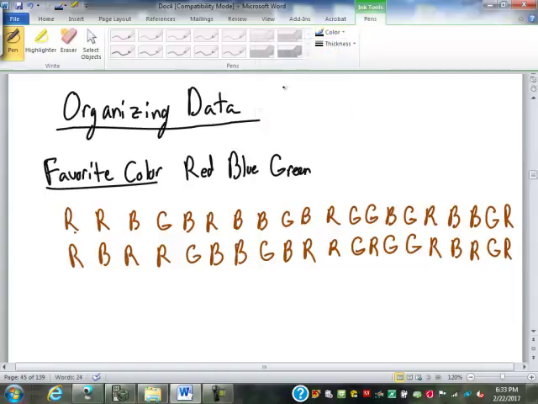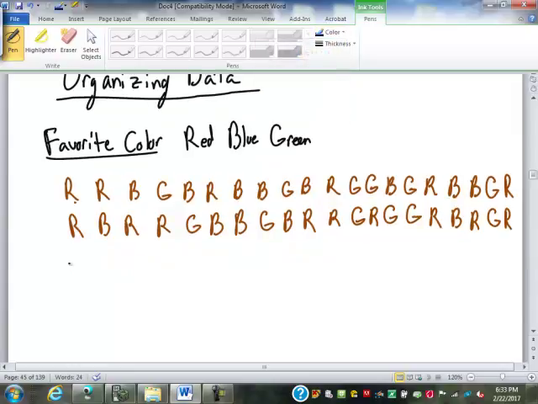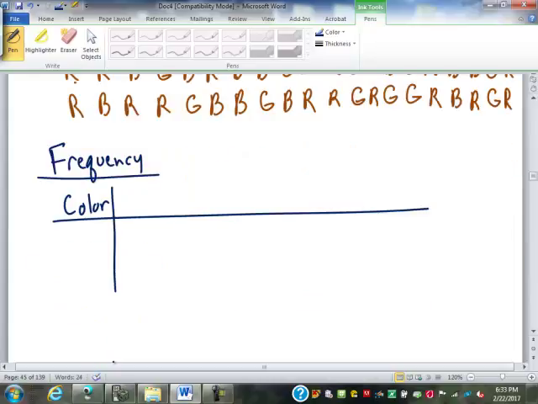Well, we're going to organize this into something we're going to call a frequency table. In a frequency table, we have the category first. In this case, we're going to label it color. And our possible choices are red, blue, and green.